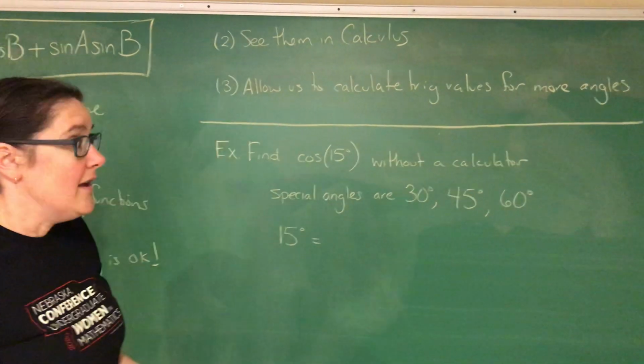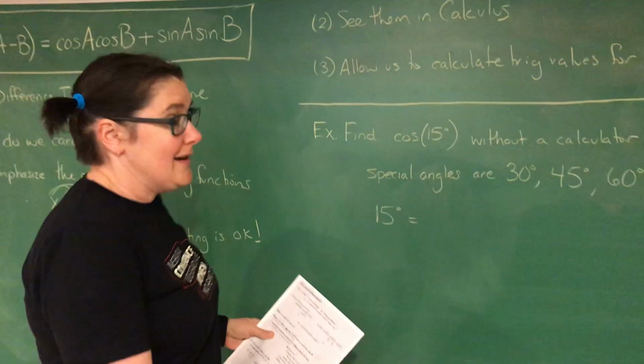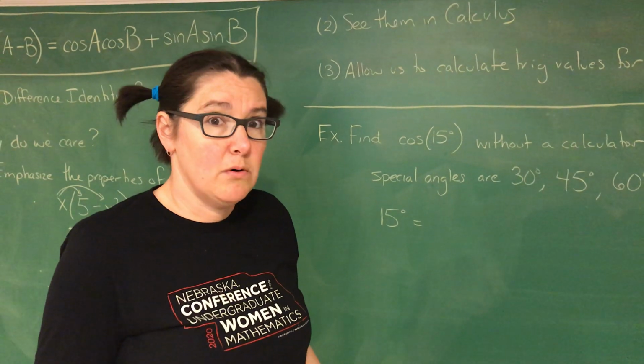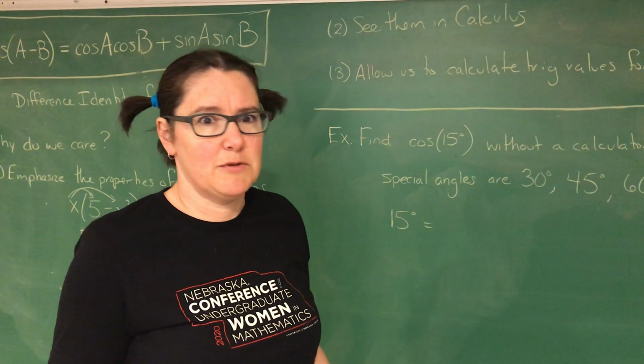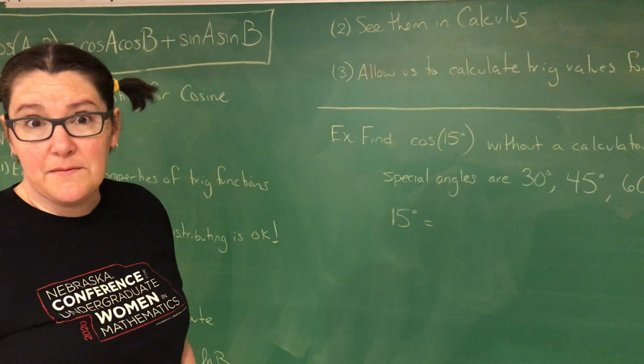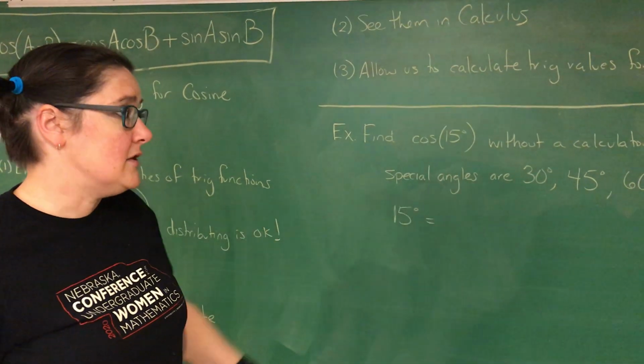All right. And after you've talked to your neighbor, since you don't have a neighbor, you might talk to your pet at home, or maybe call into the other room to the rest of your family members and tell them one way to write 15 degrees by subtracting two of these angles.